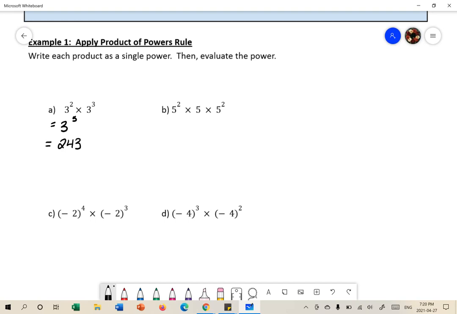B, 5 squared times 5 times 5 squared. So remember, there is an invisible exponent 1 here. So I'm going to leave the base the same and add my exponents. 2 plus 1 plus 2 is 5. And then I'm going to evaluate: 3,125.